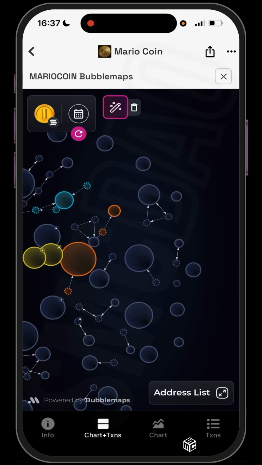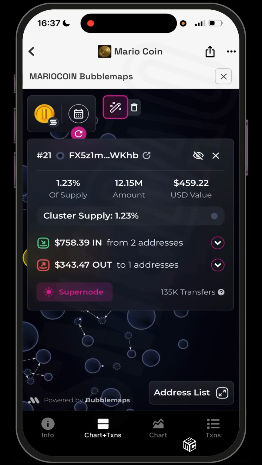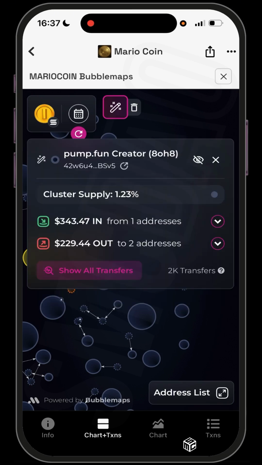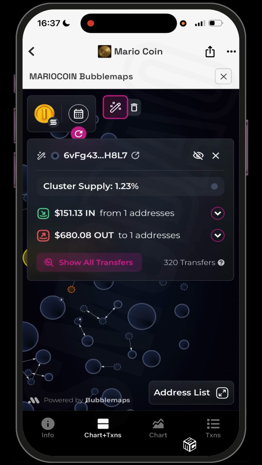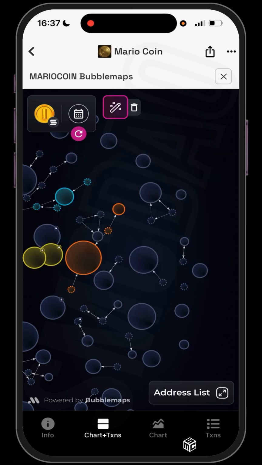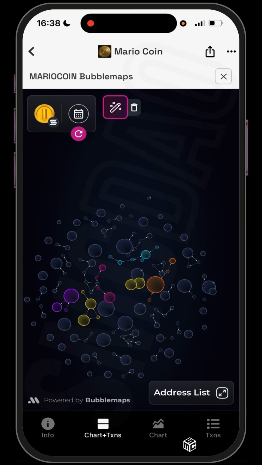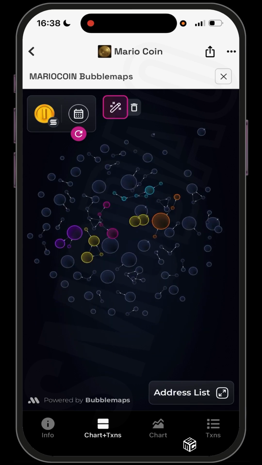You could see that this wallet sent to this address, and now this other address sent to this other cluster, and this cluster sent to this other cluster. It just looks super sketchy, but it could be one person sending across his different wallets and trying to hold positions. So that's what Bubblemaps can do.